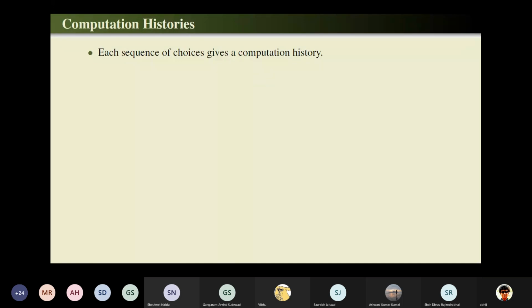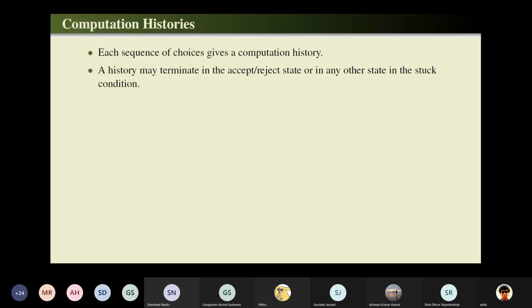So eventually, I can view the set of computations that the machine can do as a computation tree. And each path starting from the root, which is basically the start configuration, to any node in the tree, is called a computation history. I made this choice in the first step, this choice in the second step, this choice in the third step, and so on.